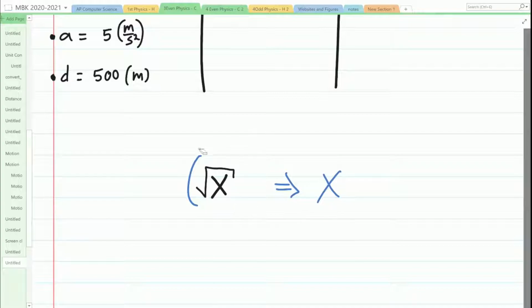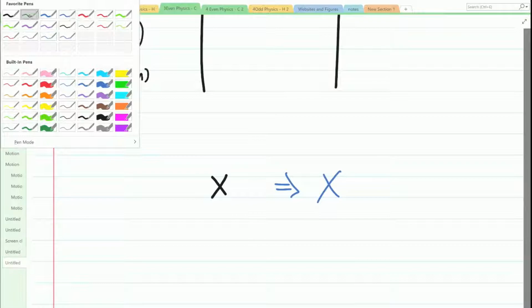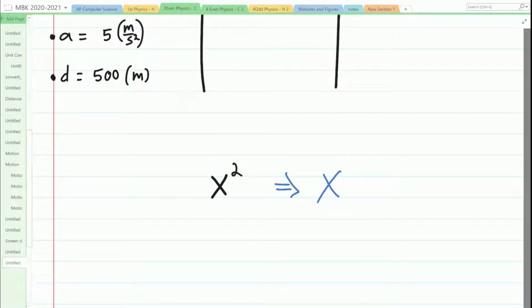So in order to get rid of a square root or a radical, I can square the whole thing, and then the square root and the square cancel. Or if it's already squared, I can just take the square root, and then the square root and the square go away.